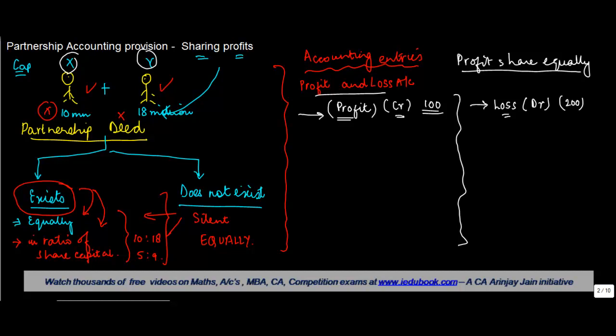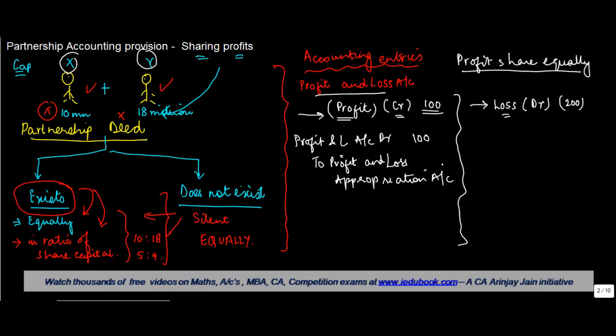Because this is a credit balance, to negate it you have to debit it. So you write: profit and loss account debit 100 to profit and loss appropriation account 100.